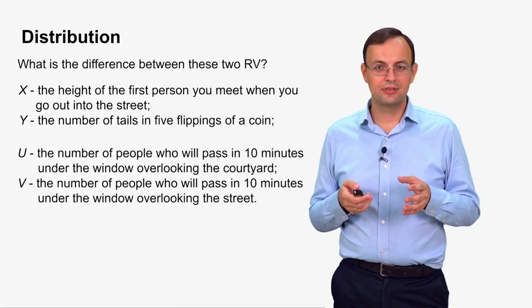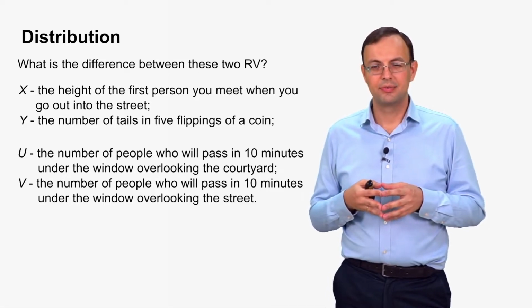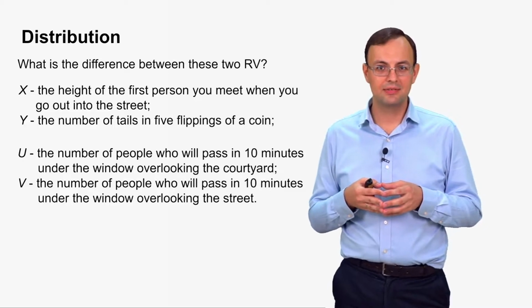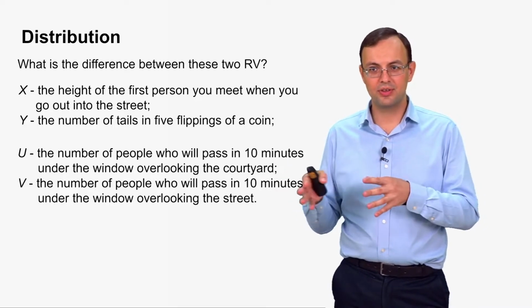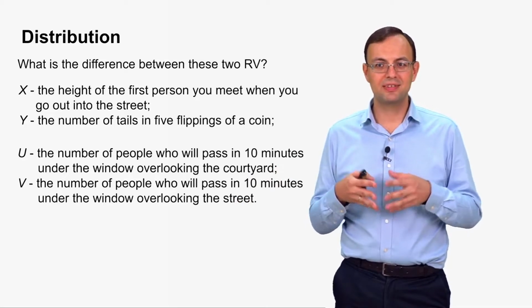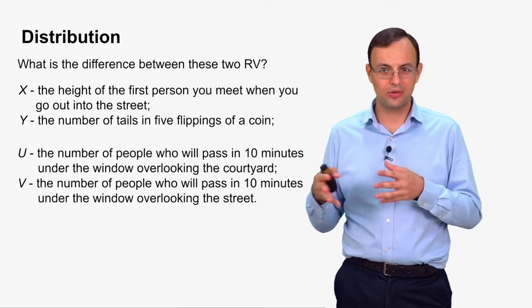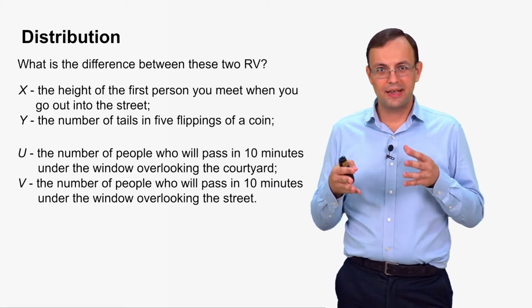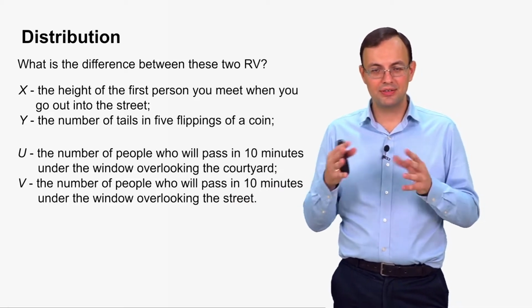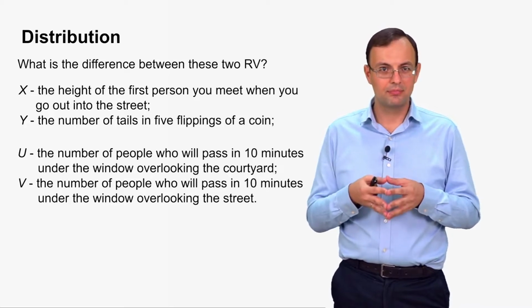Let's consider another example. U is the number of people who will pass in 10 minutes under the window overlooking the courtyard, and V is the number of people who will pass in 10 minutes under the window overlooking the street. Here we see that sets of possible values for U and V are the same.